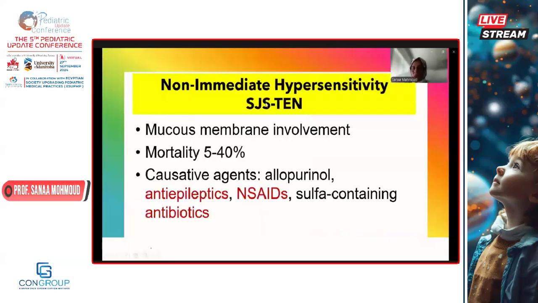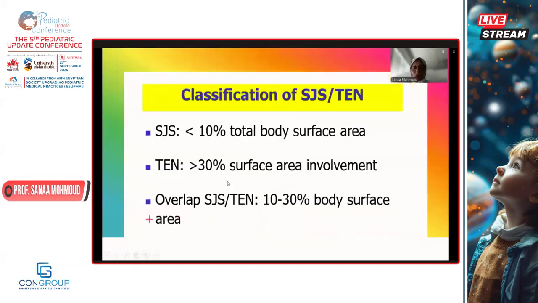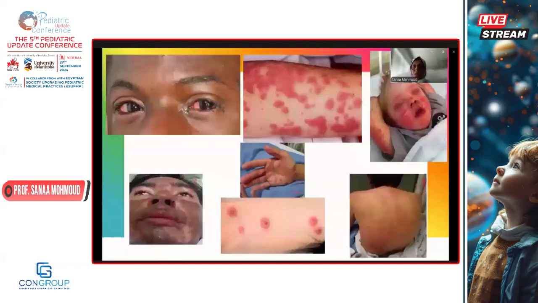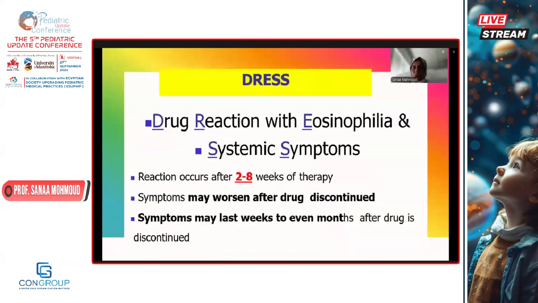The non-immediate severe forms, like Stevens-Johnson syndrome and toxic epidermal necrolysis, I'm not going to talk a lot about because everybody knows about them, but definitely you have to understand that there is no testing and no treatment for that. There is a form that I want to talk a little about, which is drug reaction with eosinophilia and systemic symptoms, DRESS, that also occurs late, and they worsen even after discontinuation, and they happen months after the reaction.